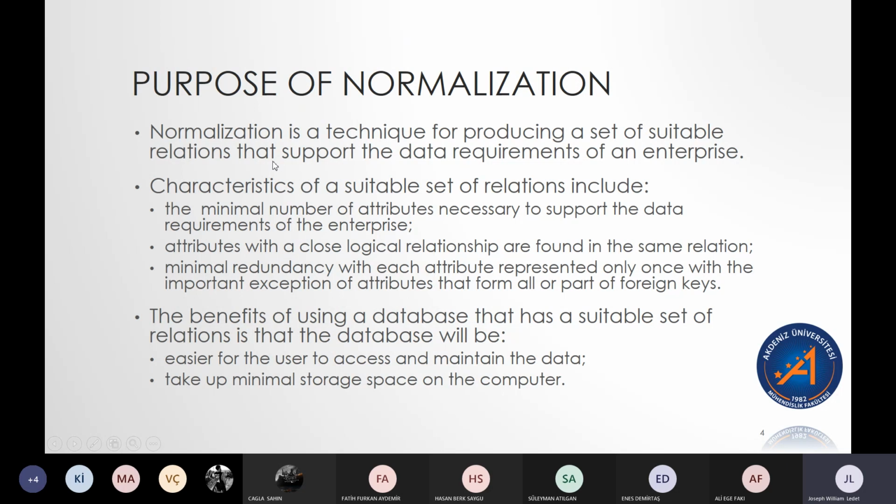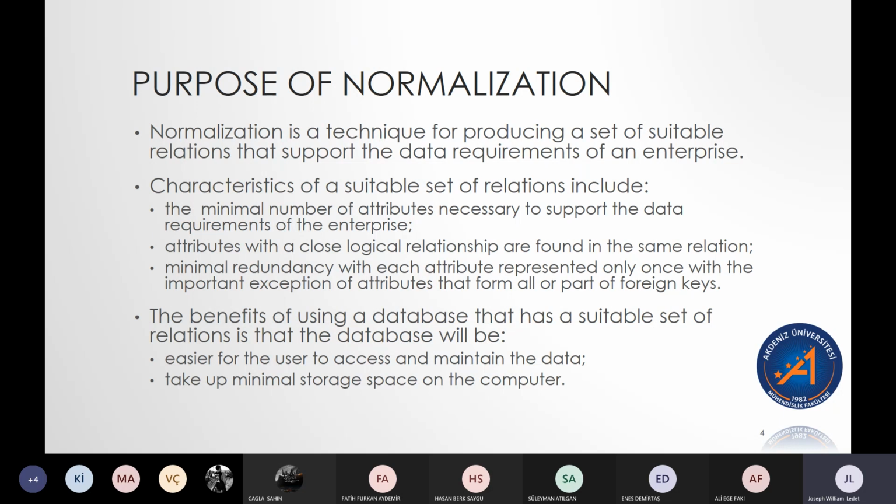So what normalization is going to be is a systematic approach to starting with a relation, a set of data, and understanding the relationships that exist between different columns, different attributes in our data.